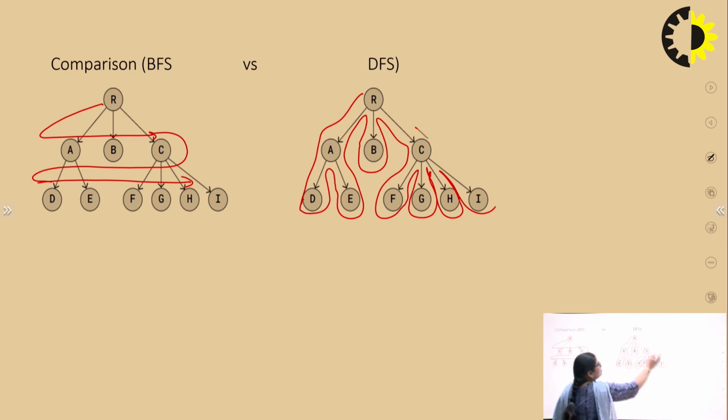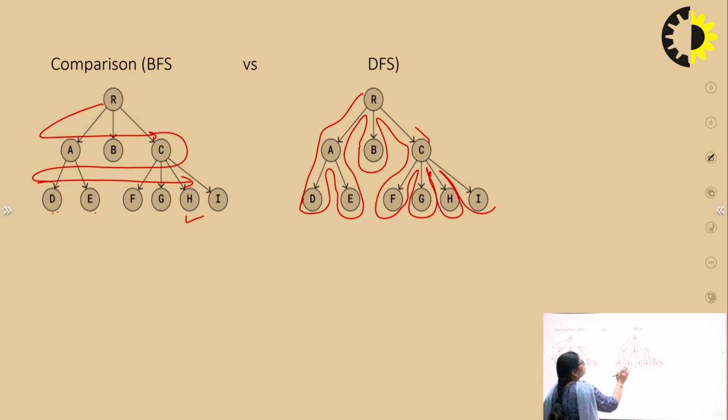This branch is maintained until it is fully executed. But in BFS, we are maintaining D also and H also, all the information, because A has already been explored. So D and E are already on the queue. H is explored, F and G are already on the queue.